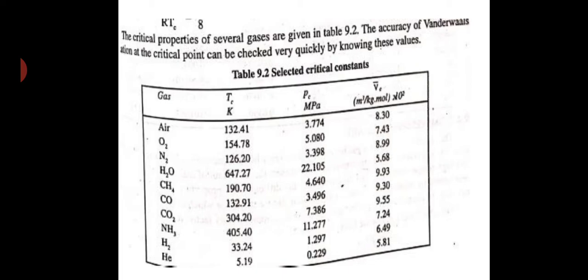Nitrogen's critical temperature is 126.2 Kelvin, the critical pressure is 3.398 megapascal, and the critical volume is 8.99.